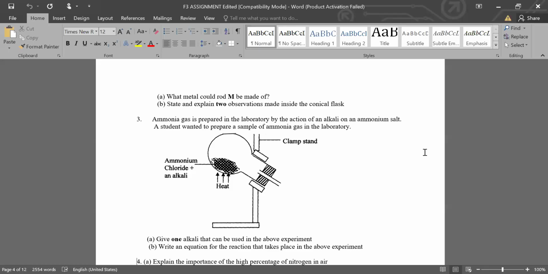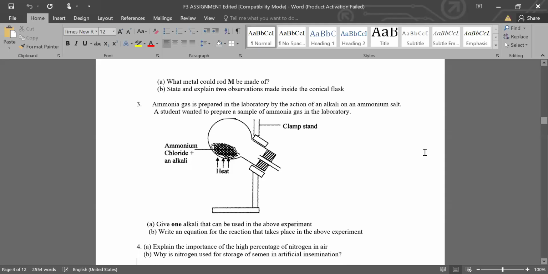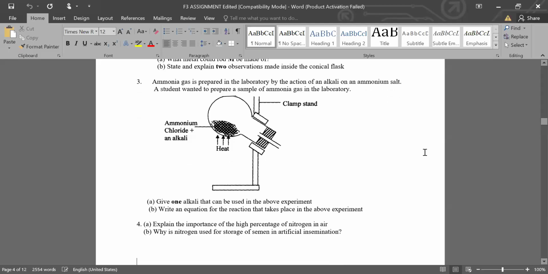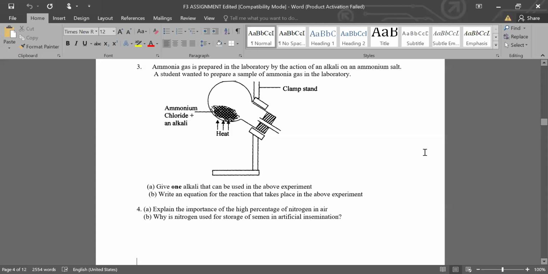From the diagram, the ammonium chloride is being reacted with an alkali. The alkali there can be any soluble base, which is called an alkali, and the most appropriate one that is used is calcium hydroxide. So the reaction is calcium hydroxide, which is the alkali, being reacted with ammonium chloride.